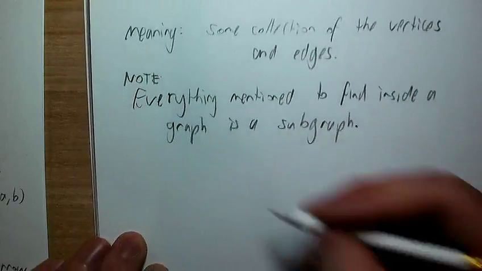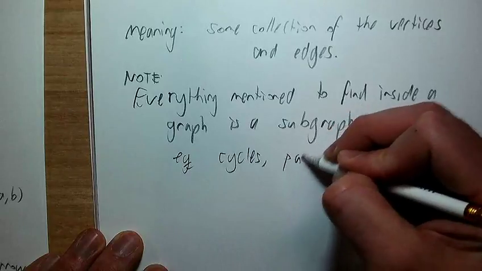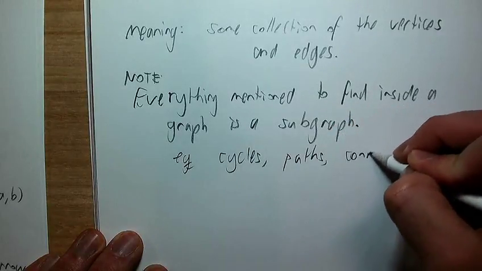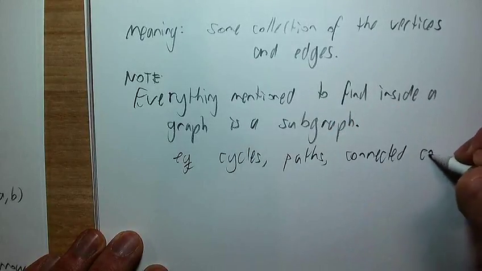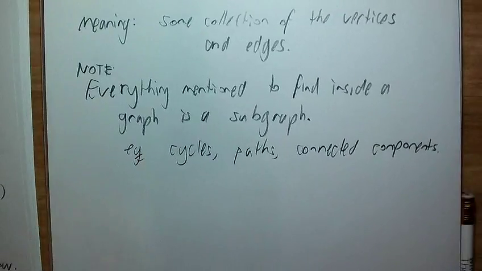So, e.g. cycles, paths, connected components. They're all subgraphs because they're made out of edges and vertices that are inside the graph.